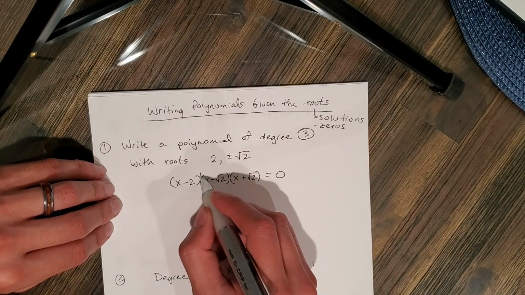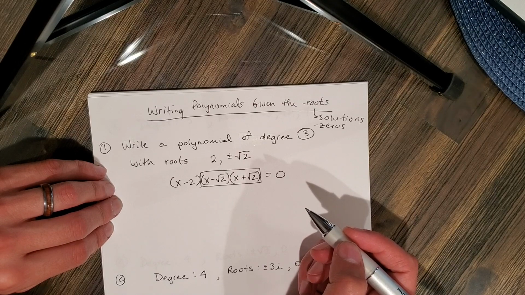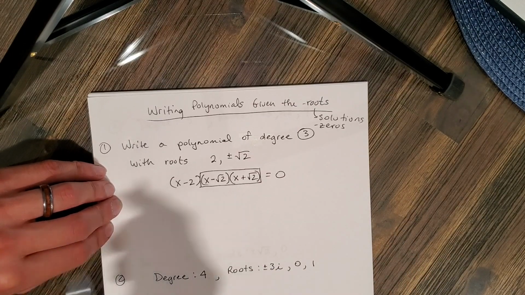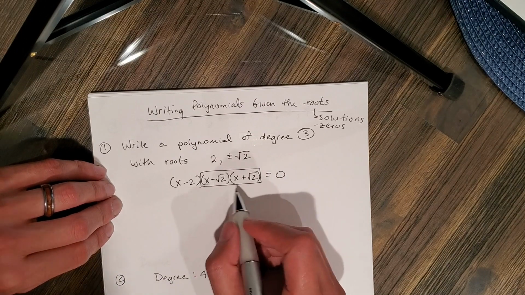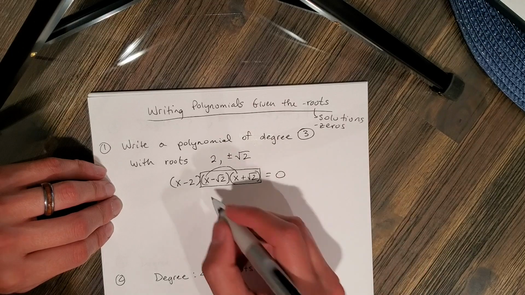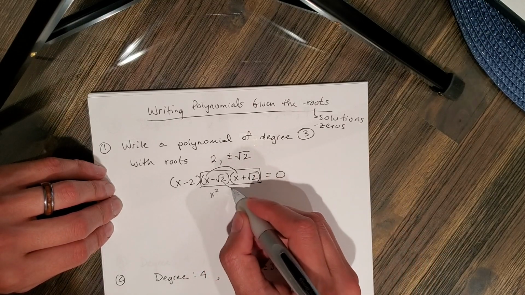So watch this. I'm going to go ahead and multiply these two here. These are called conjugates. It's kind of like a difference of squares here that we're going to end up with. So multiply here, x times x, and we get x squared. And then we're just going to multiply these two here.